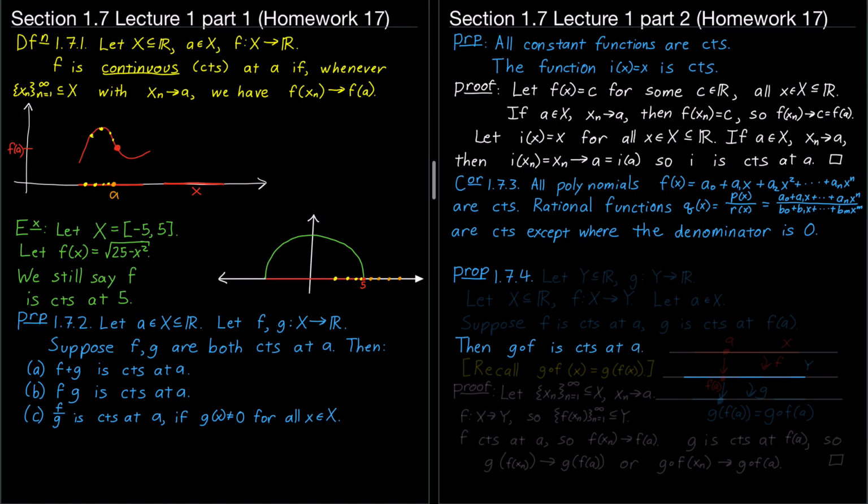So we want to conclude this proposition by saying, therefore, the function g composed with f is continuous at A, and in case you've forgotten, recall that the function g composed with f is the function where g composed with f of x is g of f of x.